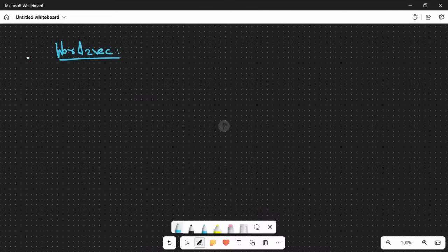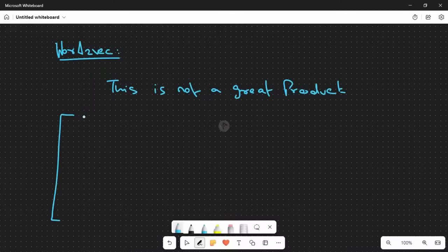When we use word2vec, for whatever word you have, it is going to represent it as a vector. Maybe if you have a sentence, something like "this is not a great product", then for each of these words it has been trained on a vector.